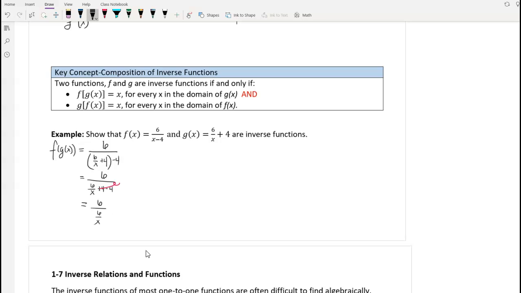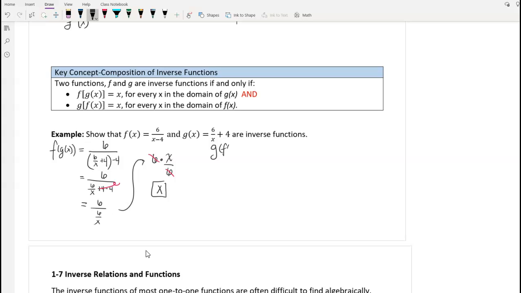Well, when we have a fraction in the denominator, we can multiply by its reciprocal to get it out. So what ends up happening is I get 6 times x over 6, because x over 6 is the reciprocal of 6 over x. The 6's cancel, and I'm left with an awesome value of just x. So far we know that g is the inverse of f, but is f the inverse of g?